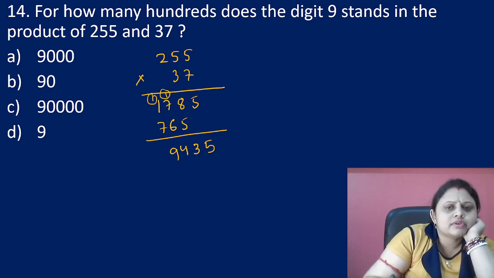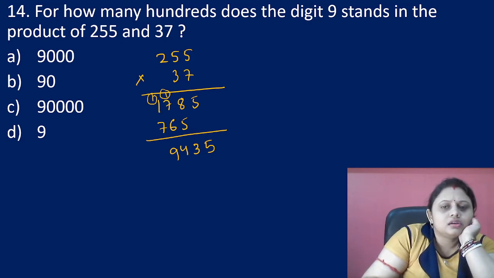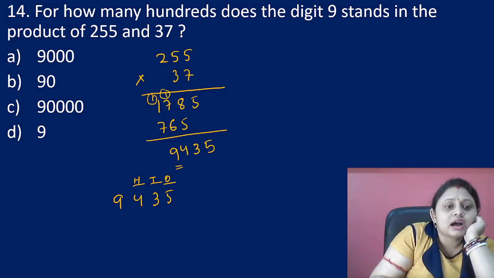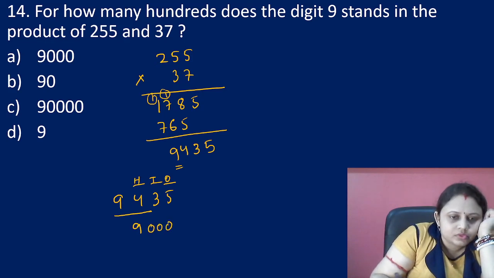What is the question about? Does the digit 9 stand in how many hundreds? 9 is present in the 1000 place. It is asking how many hundreds. In 9435, 5 is in the ones place, 3 in the tens place, 4 in the hundreds place. So 9 is in the 9,000 place.